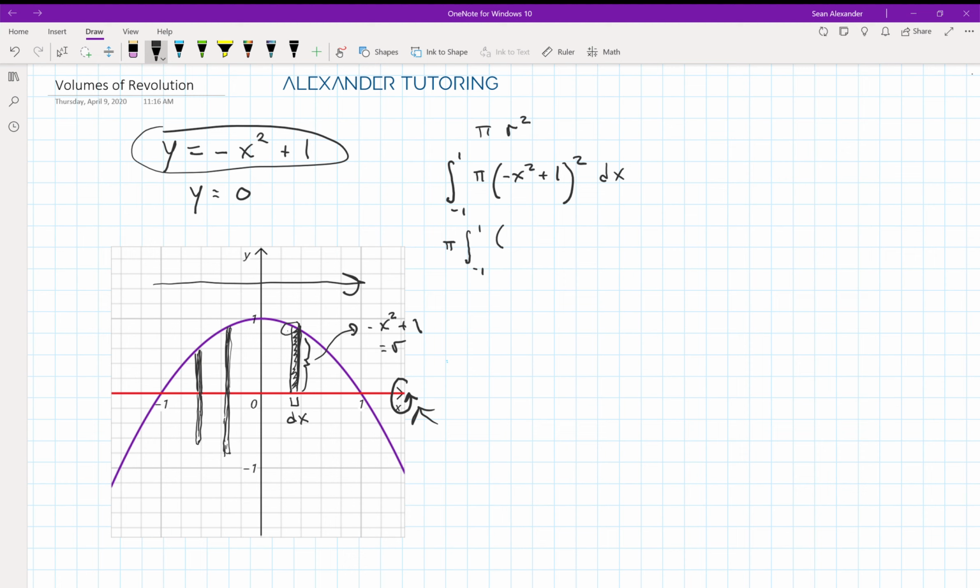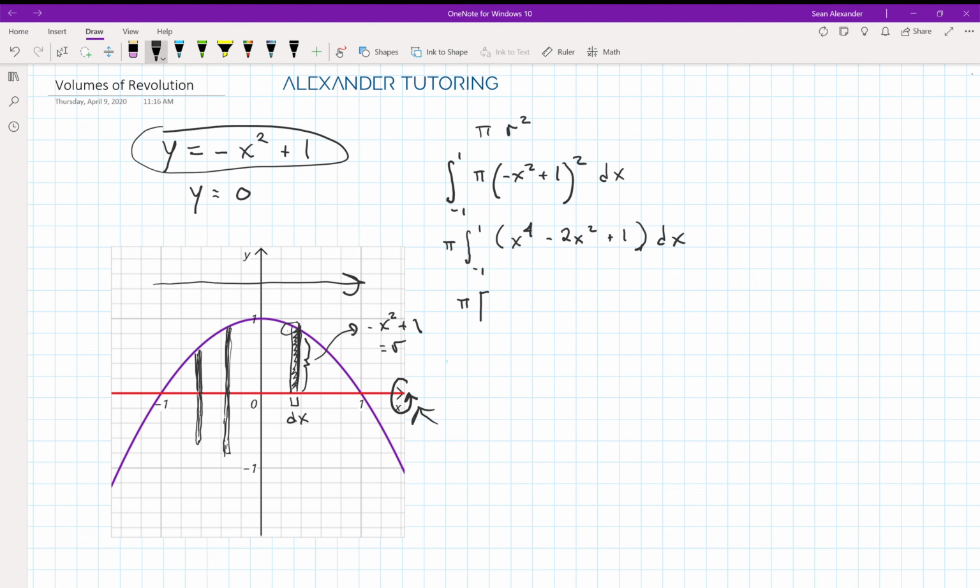So I assume you know how to do that, but what we'll end up getting is x to the fourth minus 2x squared plus 1 dx. Okay, and that's a pretty easy integral to solve. Basically, we can split that into 3 integrals, as you probably know.